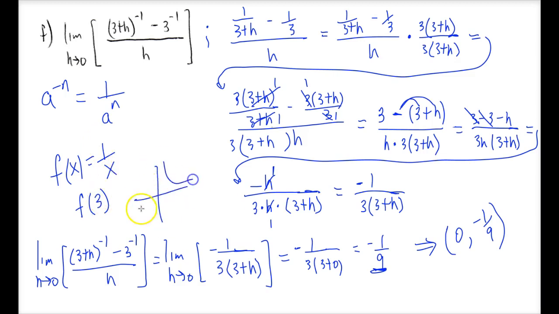And if we look at that, 1 over x looks like this. When x is 3, we're here. Here's this point. And so the tangent line will look like this. And of course, that line is going down from left to right, so it's negative. So it makes sense that our answer here is -1/9.